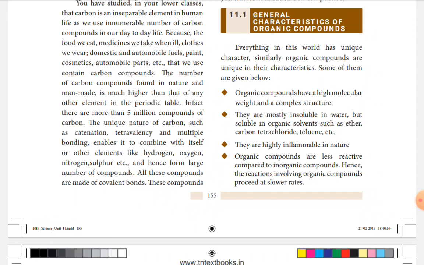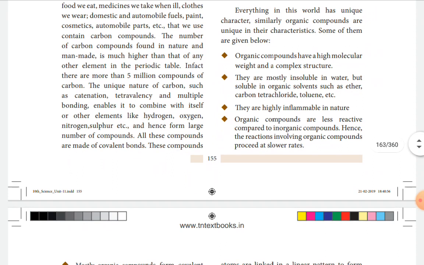Then second point, they are mostly insoluble in water. So these organic compounds will not dissolve in water. These compounds dissolve only in organic solvents like ether, carbon tetrachloride, toluene, benzene.